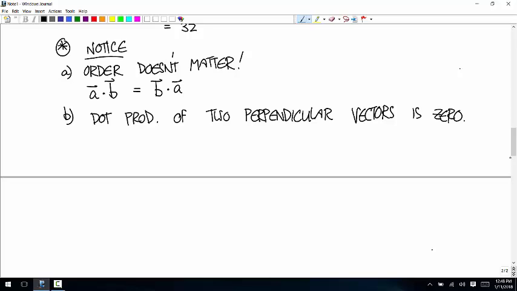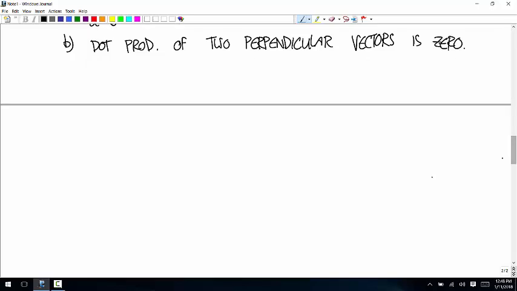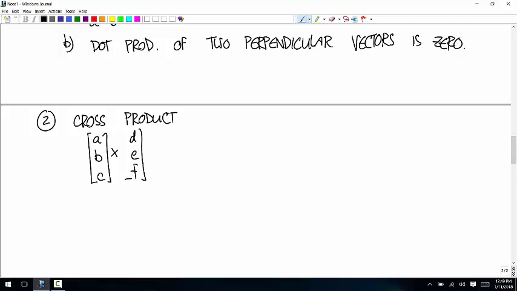And then the second type of vector multiplication is the cross product. The definition of the cross product, so if you have the vector ABC crossed with the vector DEF, remember this is a vector product, so the output has to be a vector.